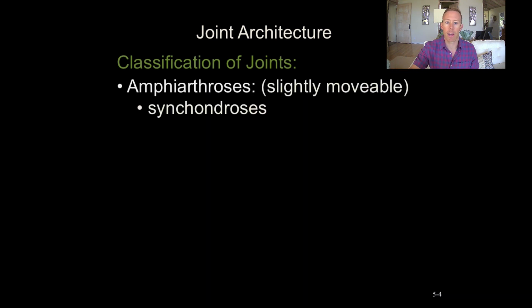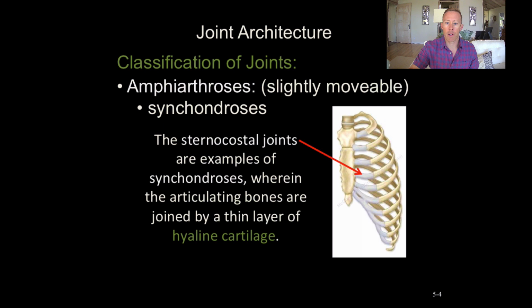Okay, and then we've got amphiarthrodial joints, which are slightly movable. So we're going from immovable to slightly movable. The first category here are called synchondroses, and if you know the base word, chondroses refers to cartilage. The first one we have is where the ribs articulate with the sternum.